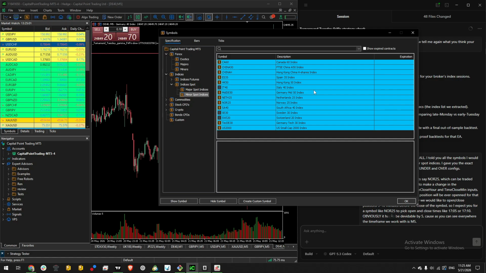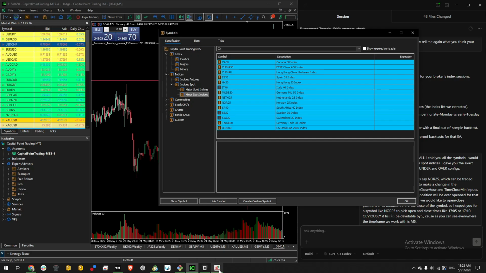I wouldn't say a very well designed portfolio because most of those indices are highly correlated to one another. But with a very small size, I think it can make a lot of money. So when a sell-off starts, the drawdown is manageable.